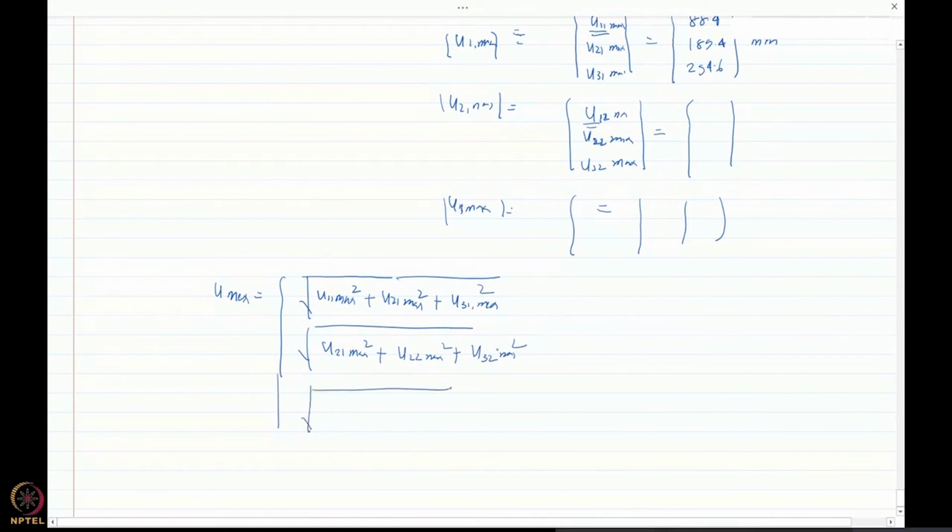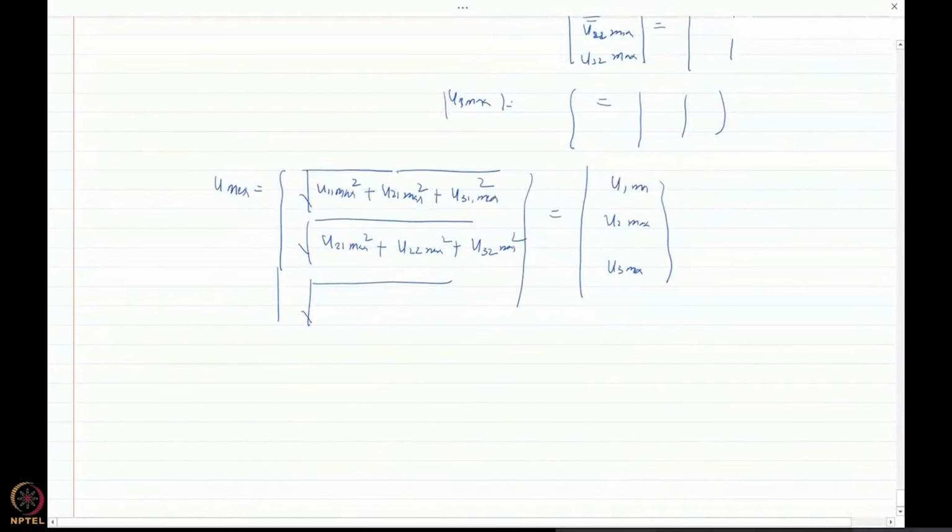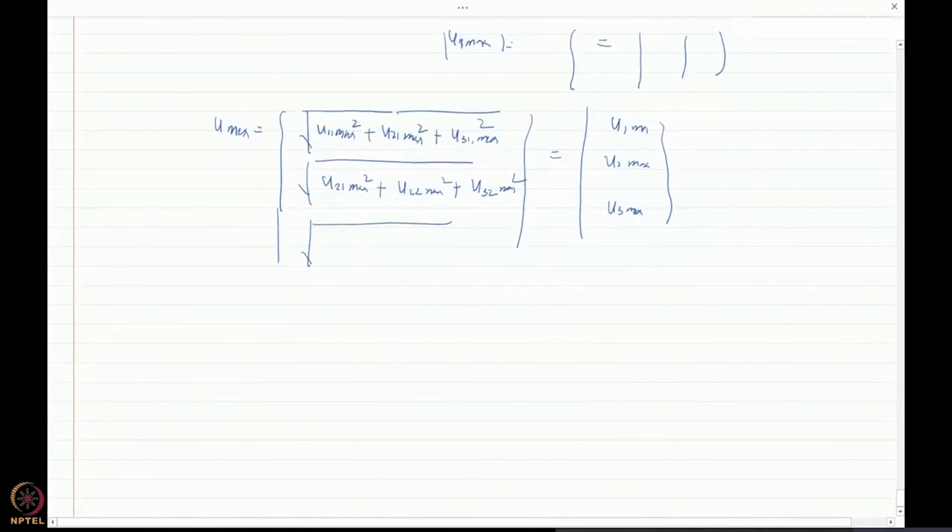Similarly for the third one. Okay, and this will give you at each degree of freedom U1 max, U2 max, U3 max. See, it looks complicated, but once you go through the steps and you are aware of it, you can quickly do all these calculations.